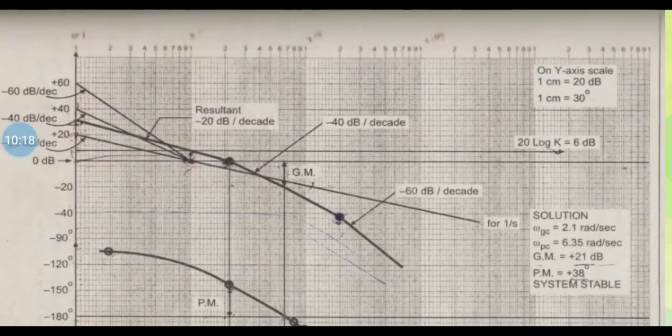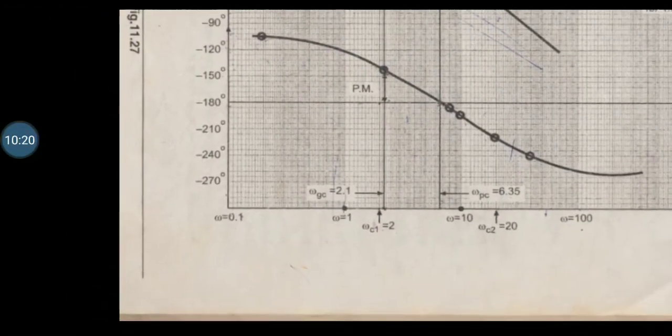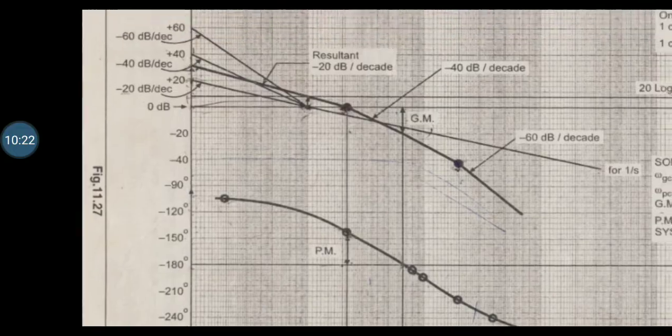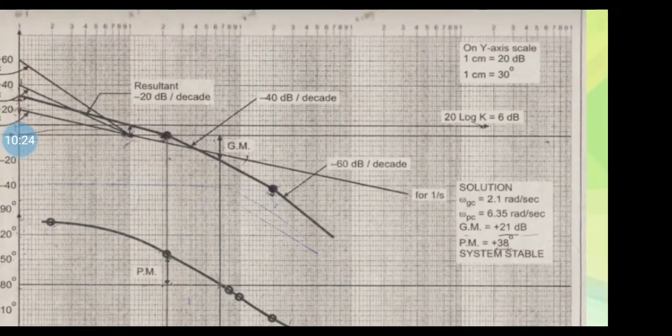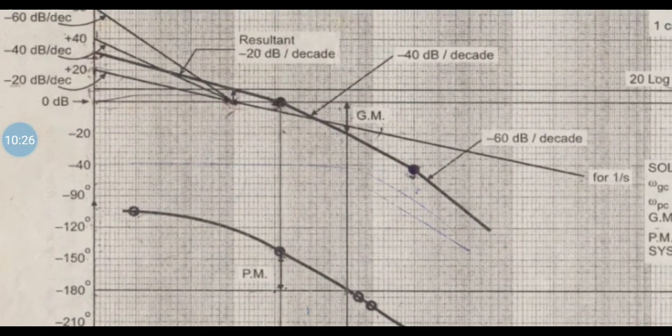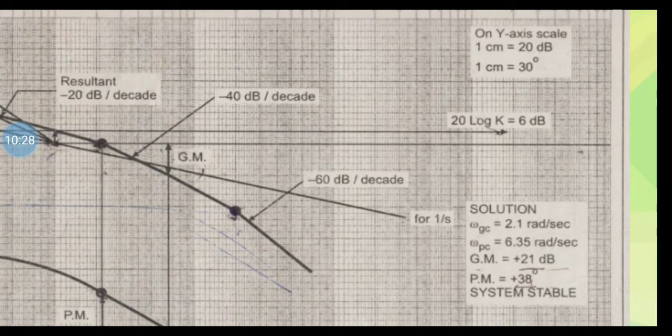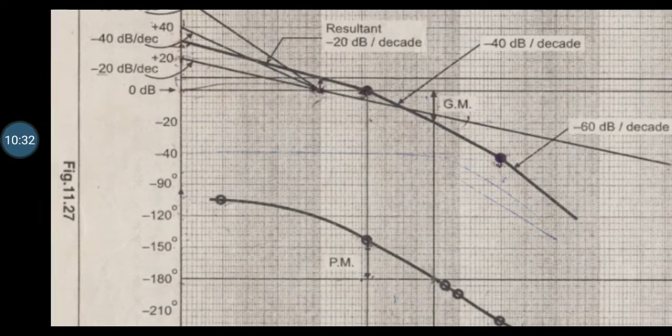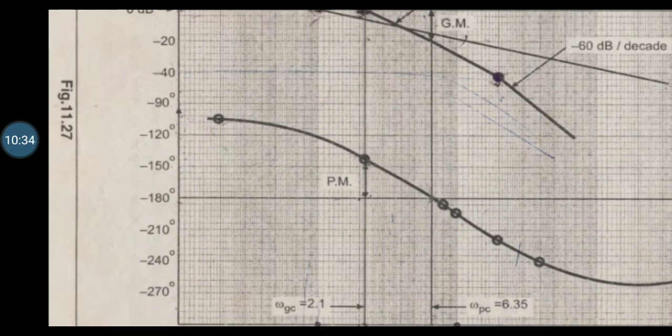One subdivision corresponds to plus 20. So 1 centimeter is 20 dB, and 1 centimeter is 30 degrees. You can see from here to here, 1 centimeter is 30 degrees.